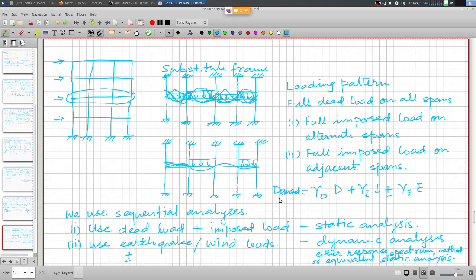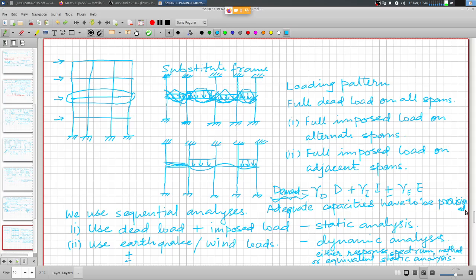So this is the demand, and for which you need to build adequate capacities to be provisioned. Right, and once you have provided adequate capacity in the system, your design has been achieved.